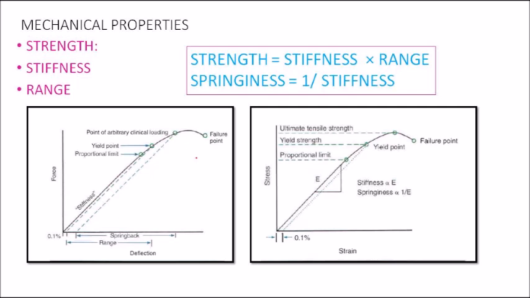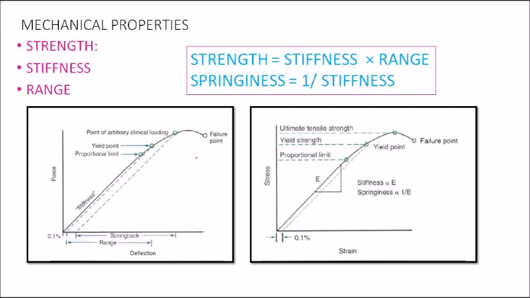So please look at the graph. First we were discussing stiffness, which is given as the slope of the linear portion of the curve. Second we were discussing the range. The range is the distance on the x-axis to the point at which permanent deformation is occurring, which is denoted as the yield point. The yield point is the point at which 0.1% permanent deformation is occurring. Then we were discussing spring back.